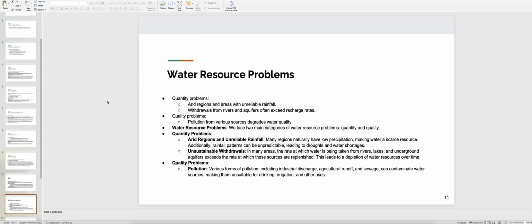And you can get regions of the country where you get a low snowfall, for instance, in the mountains in California, right? If you don't get enough snow in the winter, you're going to have a really bad spring and summer, right? And so you want lots of snow. And so California has developed this pretty extensive system to bring the water from the mountains to the arid valley, right?